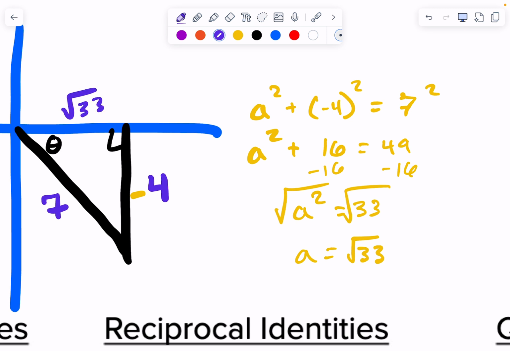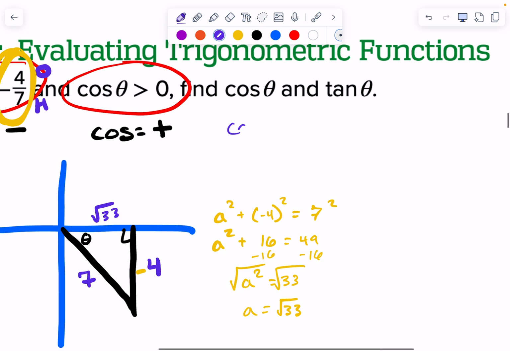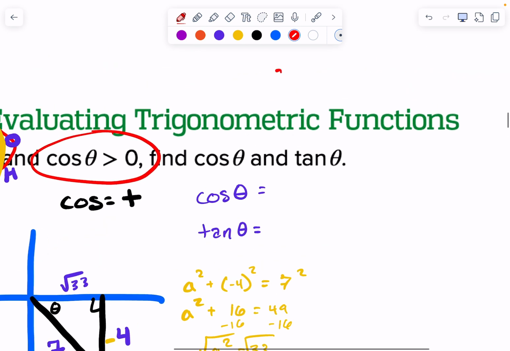Now, hold up. Just before we do all the other stuff, signage. Should it be a positive square root of 33 or a negative square root of 33? Positive, because it's going to the right. Okay, so we have our triangle labeled. Now they only want us to find cosine of theta and tangent of theta. How do I do that? SOHCAHTOA. If you need to write it out, go for it.